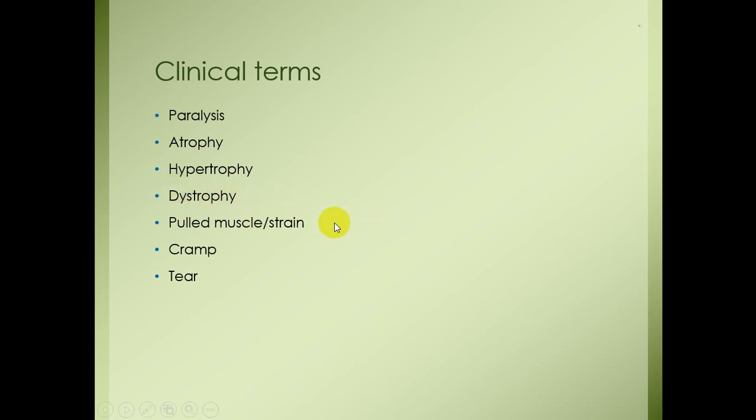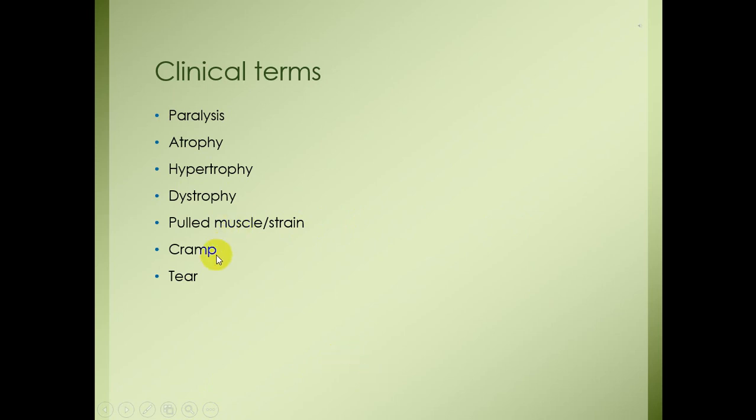Then pulled muscles or strains may occur due to stress in individual muscles, and commonly the sternocleidomastoid in the neck is pulled. But generalized strain of the muscle is usually related to tetany or hypocalcemia.